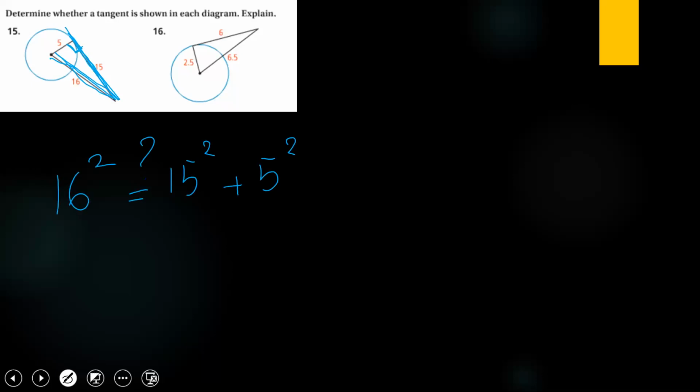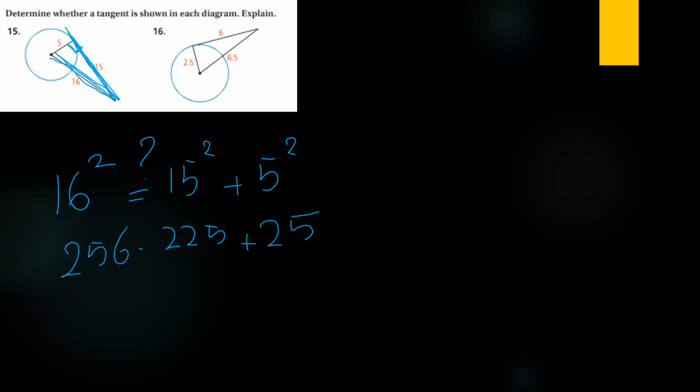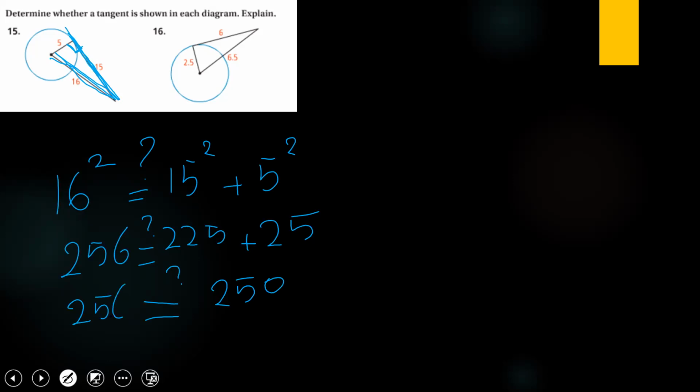Let's see. 15 squared is 25, plus 25. Is it 16 squared? Let's add them: 250. Is it equal to 256? No. So I will say that this is not a right triangle, so this tangent line is not perpendicular to the circle.